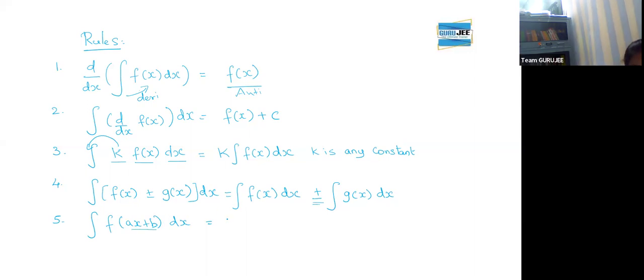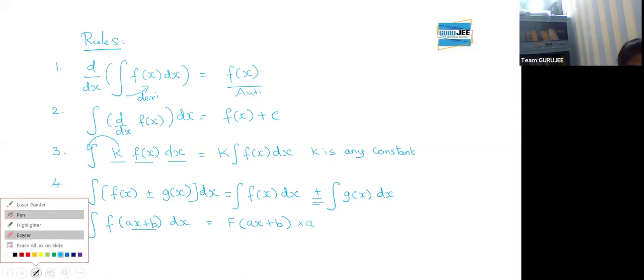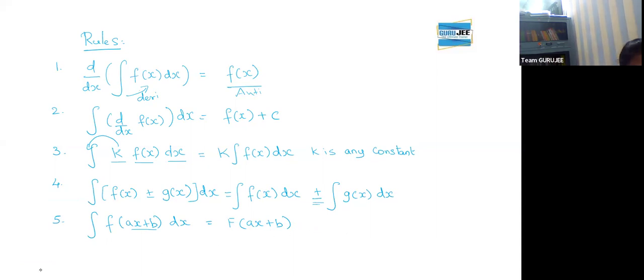Then the antiderivative will be equal to capital F of ax plus b. In differentiation, after differentiating ax, we write a along with the derivative. But here, after integrating ax, we'll be writing a as denominator.